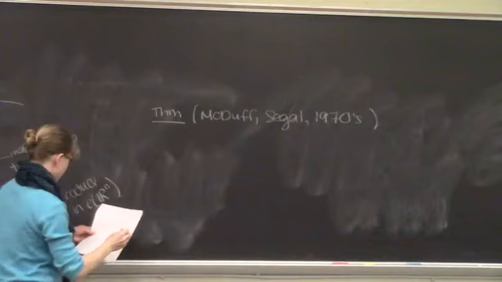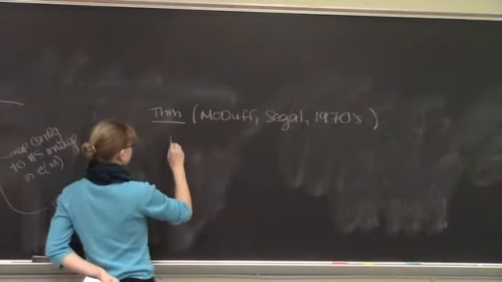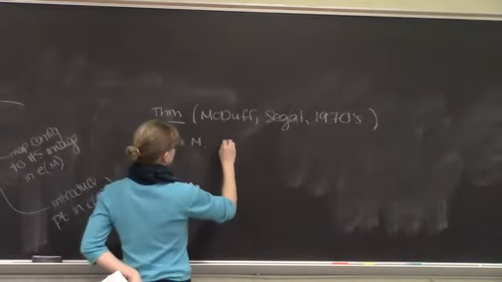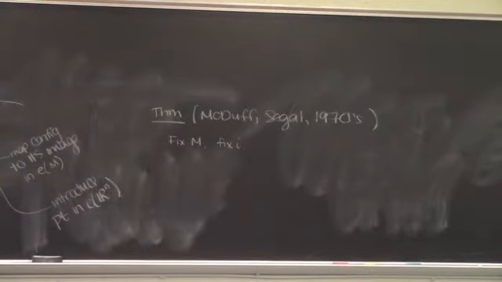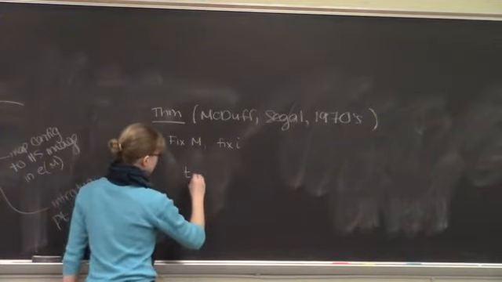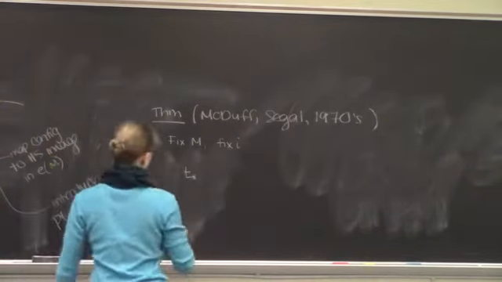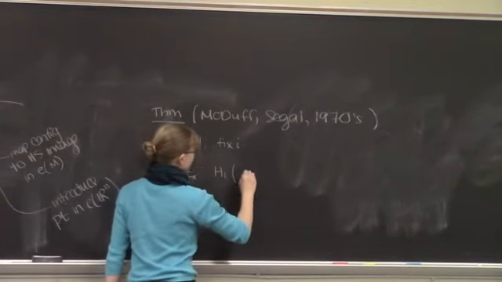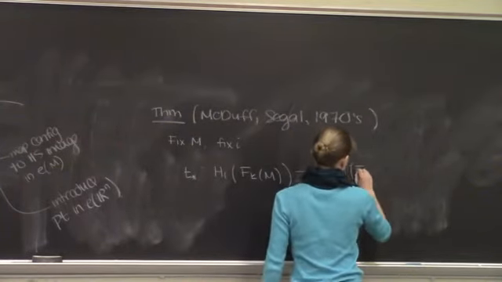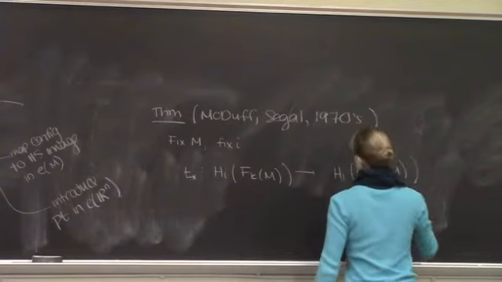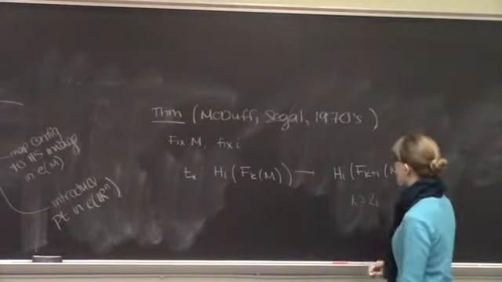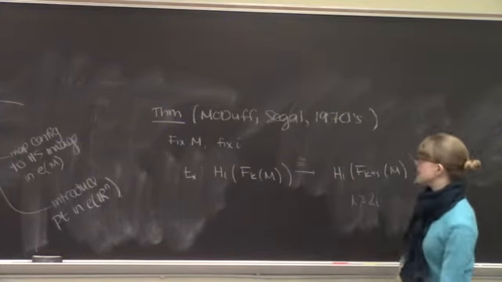And the result is the following: if we fix the manifold M, and we fix the homological dimension i, and consider the induced map by T on the i-th homology of our configuration spaces, then once k is large enough, specifically once k is at least 2 times i, these induced maps will be isomorphisms.